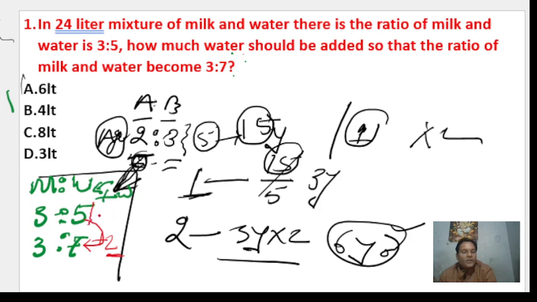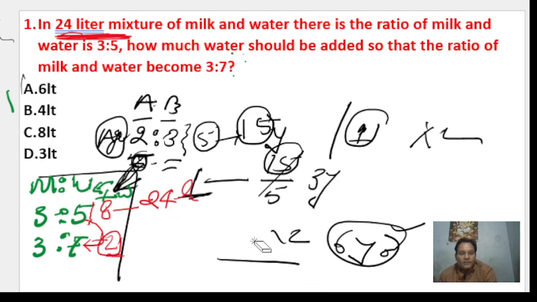So how do we get the value of 2 units? Here in the starting, 24 liters of the mixture is given. It means you can say the value of 8 units is 24 liters. And finally, we are to find the value of 2 units.